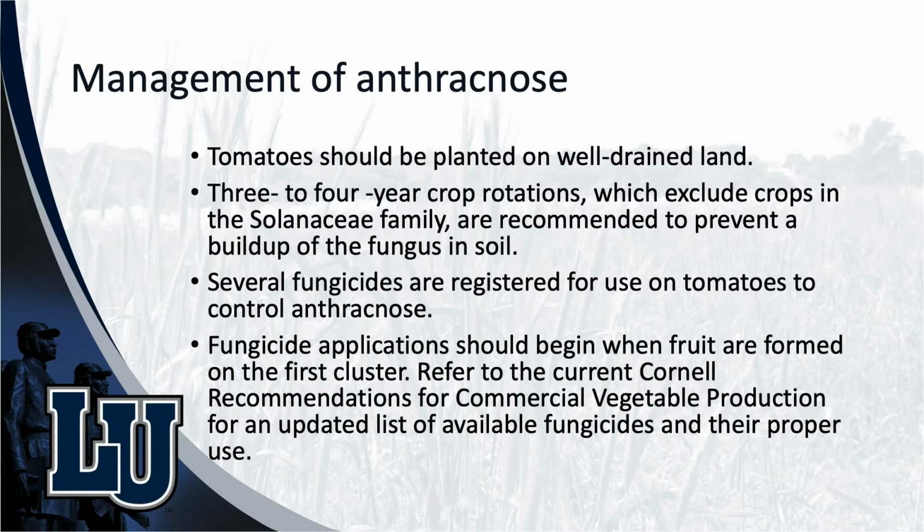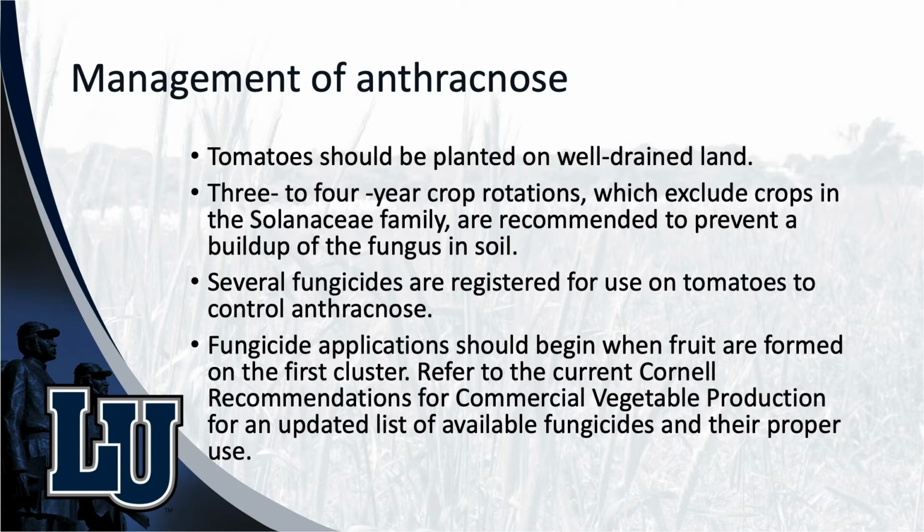How do you manage the anthracnose? Again, as I mentioned, this is spread through water splashing or rain. So you should avoid tomatoes touching the ground or touching the rainwater or irrigation water. And to do so, you generally have raised beds or well-drained land.